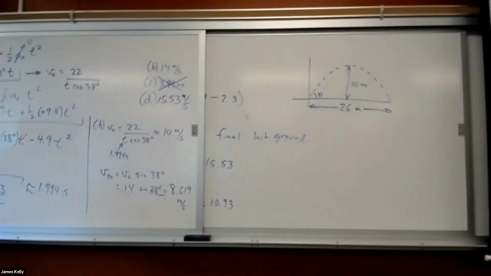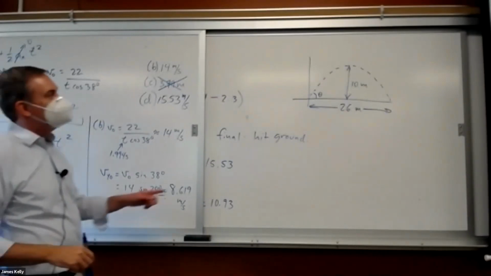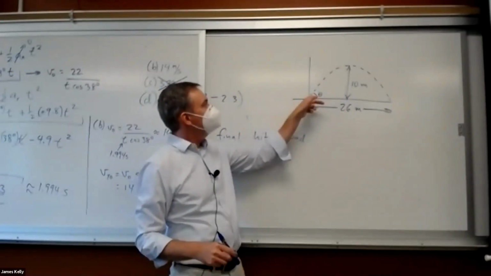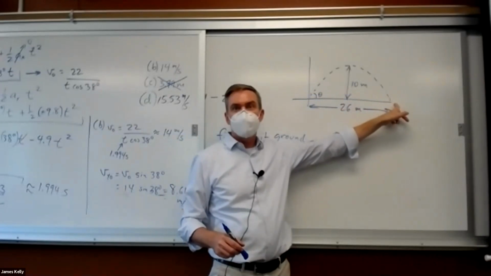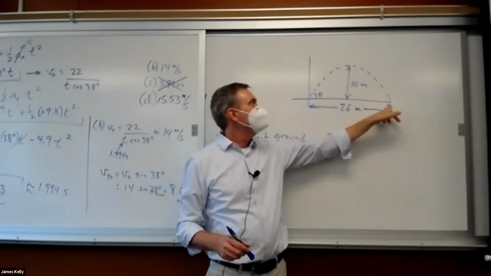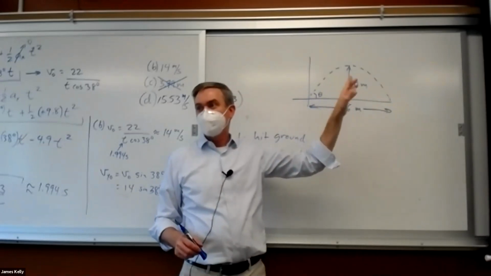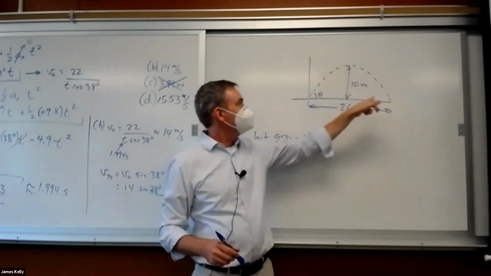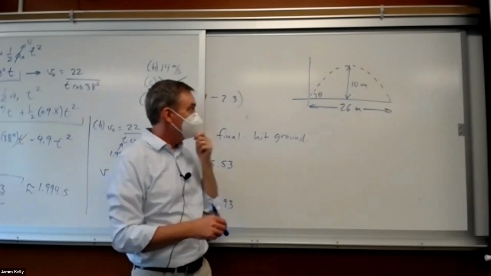The difficulty is I've got to use both the 10 and the 26. Now the 26 seems to be associated with an initial here and a final over there. But if I use this initial and this final, the 10's not going to come into anything, because the 10 has to do with something halfway in between.